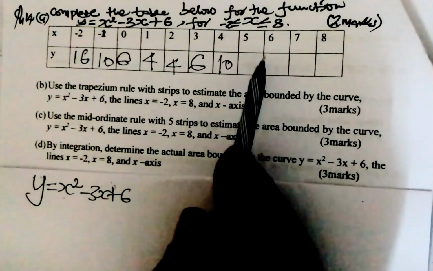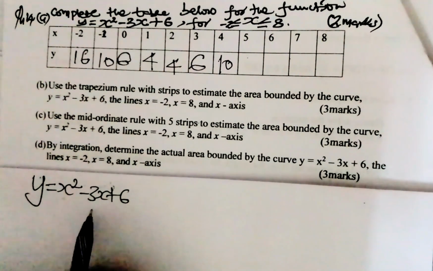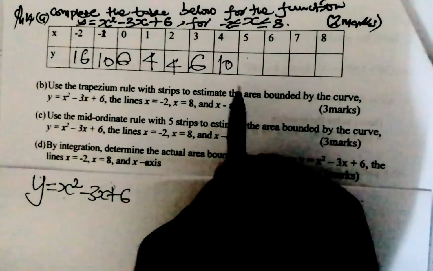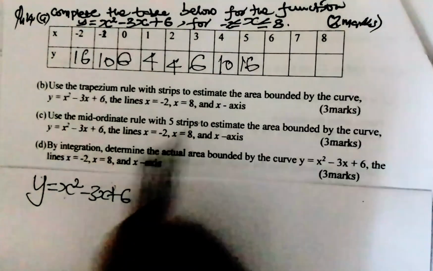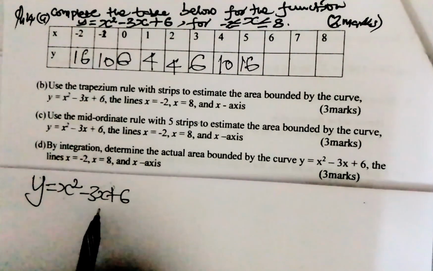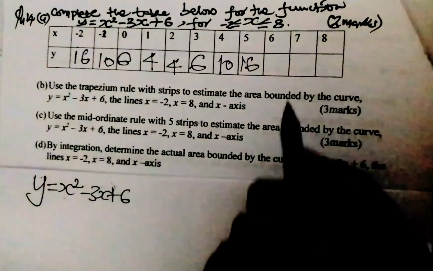When x is 5, you have 25 minus 15, that is 10. 10 plus 6 gives you 16. When x is 6, you have 36 minus 18, which gives you 18, plus 6, 24.